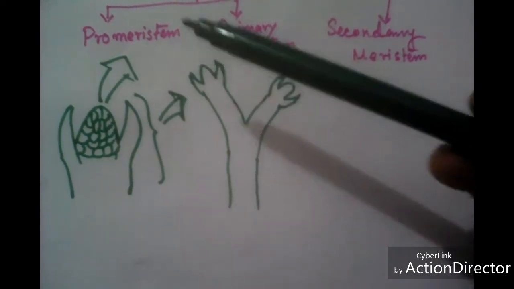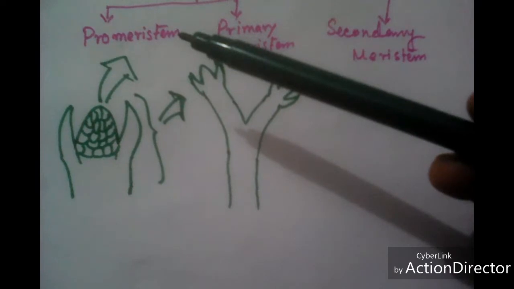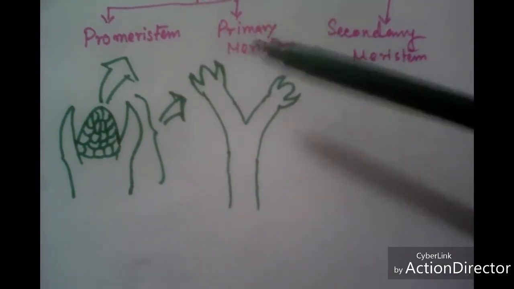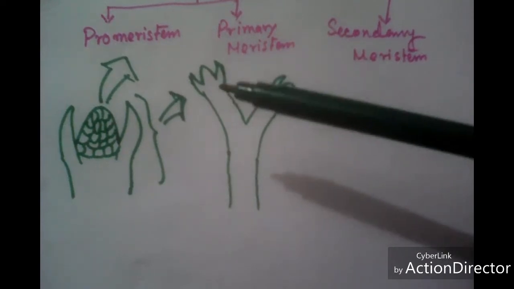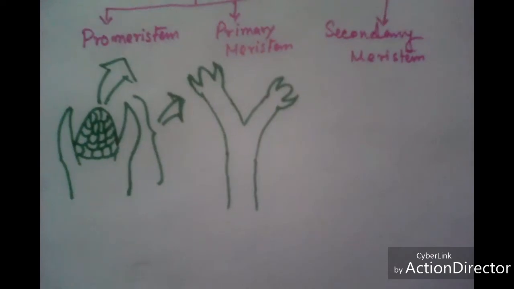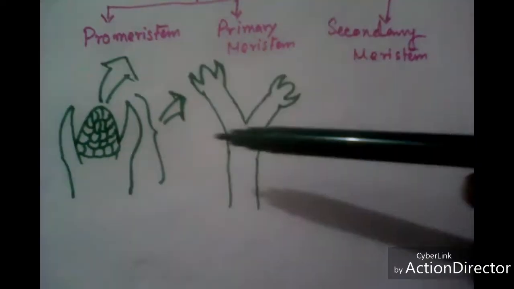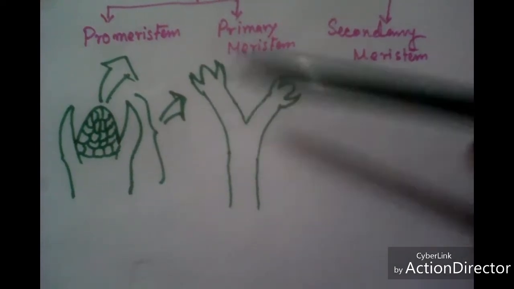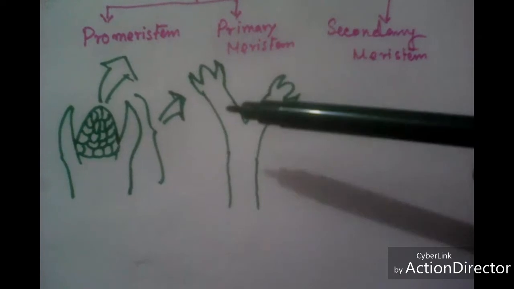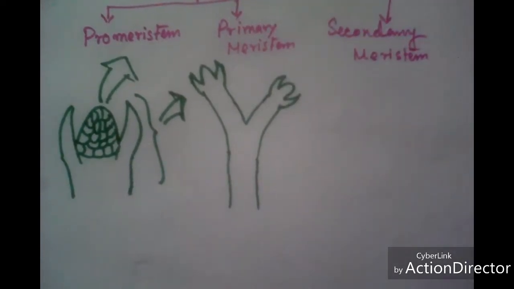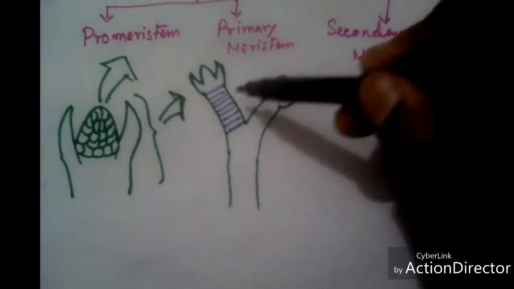Now, promeristematic tissue transforms into primary meristem, which is present beneath the promeristematic zone. So in this zone, primary meristematic tissue is present.